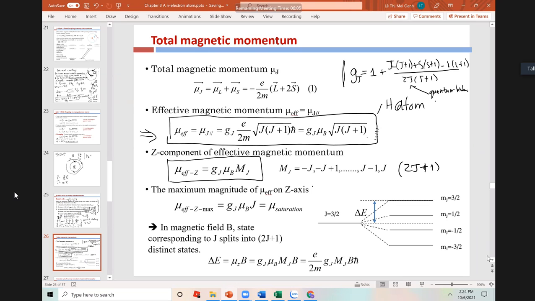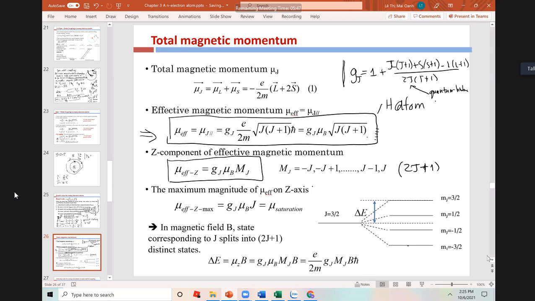Of course, in the magnetic field, with 2J plus 1 different values, it will be split into 2J plus 1 different energy levels like this. You can see here.